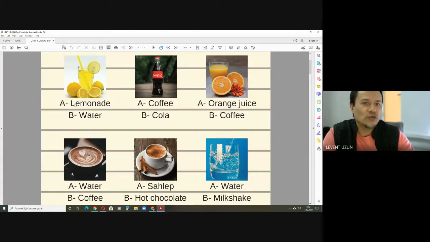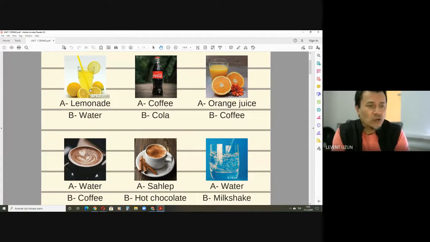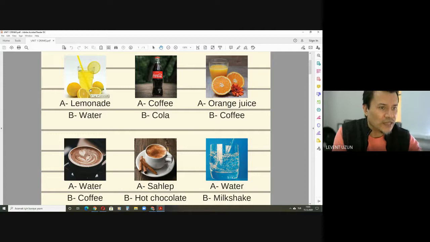Because I don't need to teach lemonade here. You know, we don't concentrate. I'm talking to everybody. We don't concentrate on cognates. Cognates are already known. You need to concentrate on other words that you want to teach by the help of the cognates. Teach other words, teach other grammar topics, teach other things by the help of cognates.